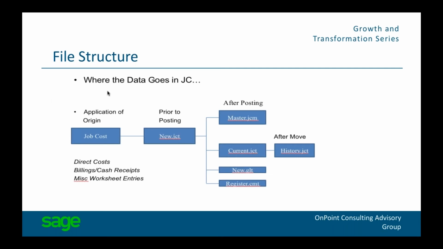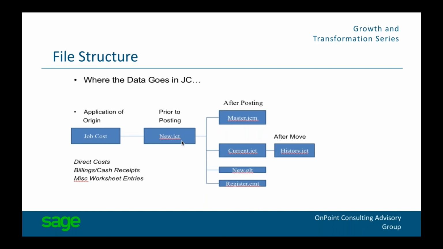So where does the data go when you're making any kind of entries in job cost? So your application of origin is job cost. That's where you're making these entries. And so that might be entering direct cost, or if you still use job cost for doing billings and cash receipts, or any kind of miscellaneous worksheet entries.